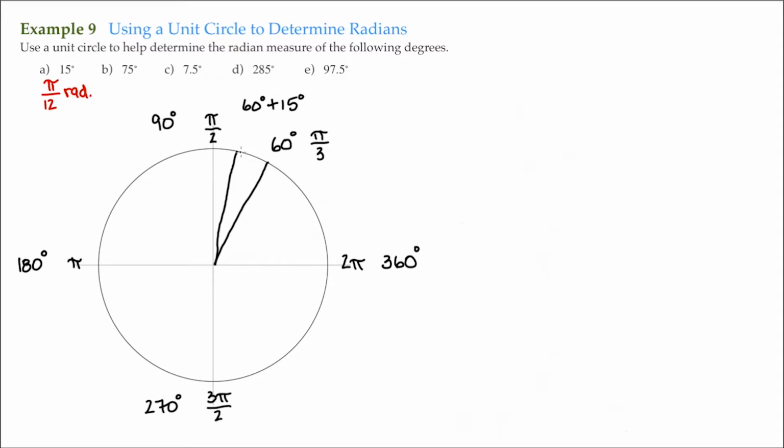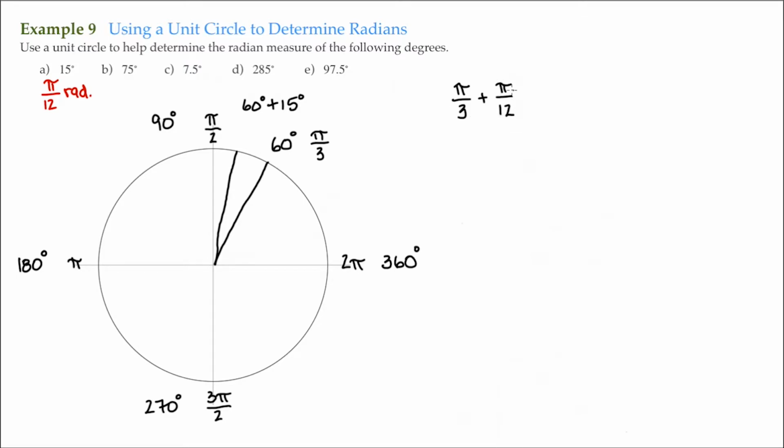So then, as radian measure, that's going to be pi over 3 plus the radian measure of 15 degrees, which we already determined is pi over 12 in the previous problem here. So this is going to be pi over 3, that's our 60 degrees, plus pi over 12, which is our 15 degrees.